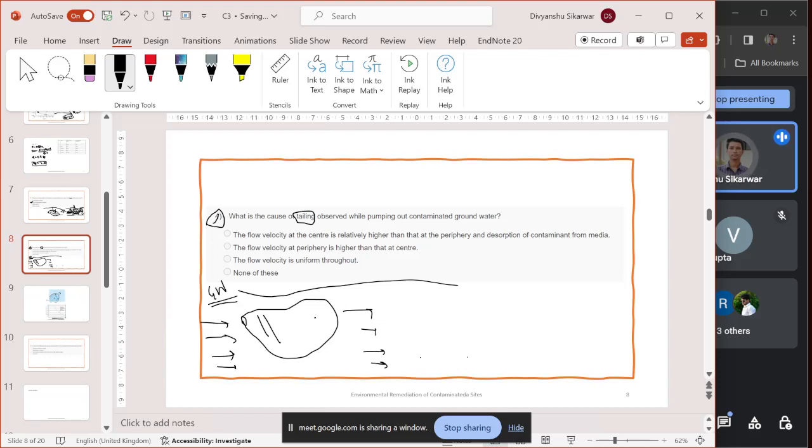Initially we can think that we might build a barrier so that this contaminated water does not contaminate the other aquifers, or the complete groundwater present. This may be one of the ways. Other ways, we might pump out this water. We make a bore well in this region and we pump out the water.